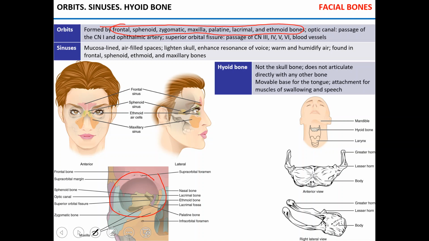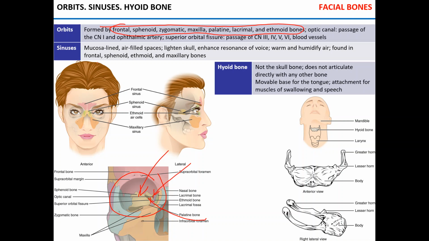Certain structures inside. So you can see the sphenoid bone, which contains the superior orbital fissure. Cranial nerves are passing through it, and blood vessels. Optic canal. So that's the cranial nerve 2.